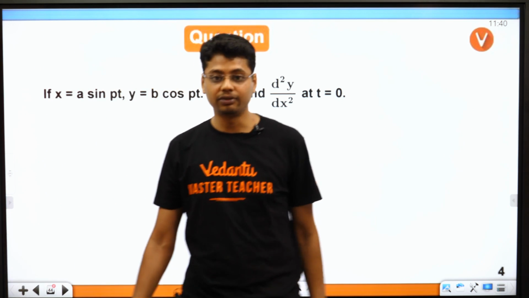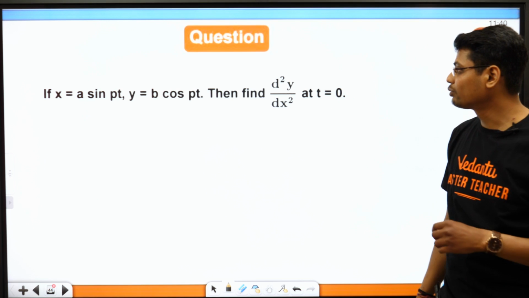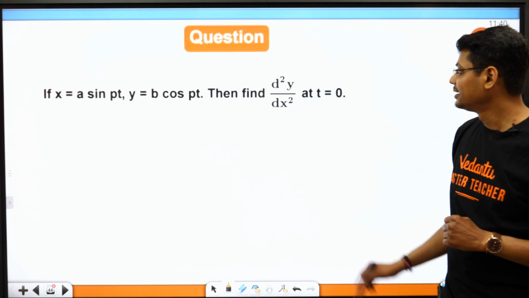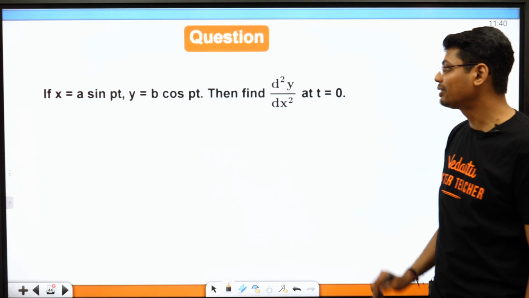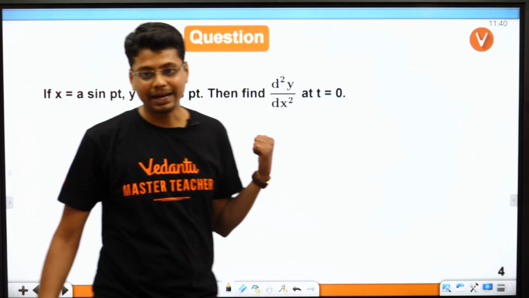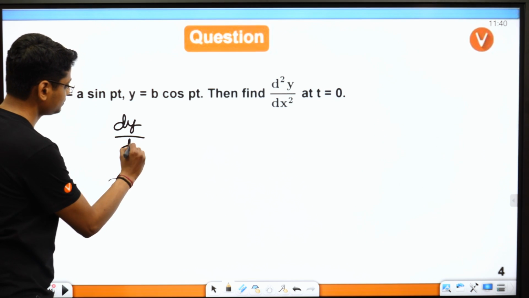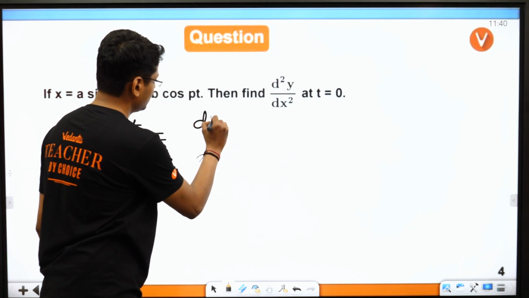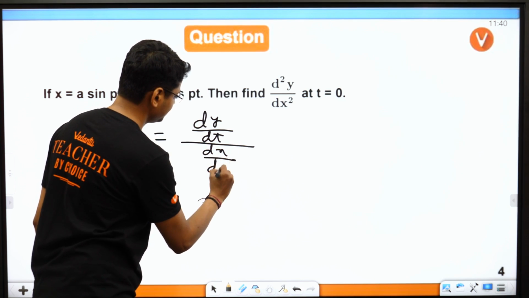It is again a typical 4-mark question. If x equal to a sin pt and y equal to b cos pt, then we have been asked to find d square y by dx square at t equal to 0. So parametric differentiation, basically dy by dx is equal to dy by dt divided by dx by dt.